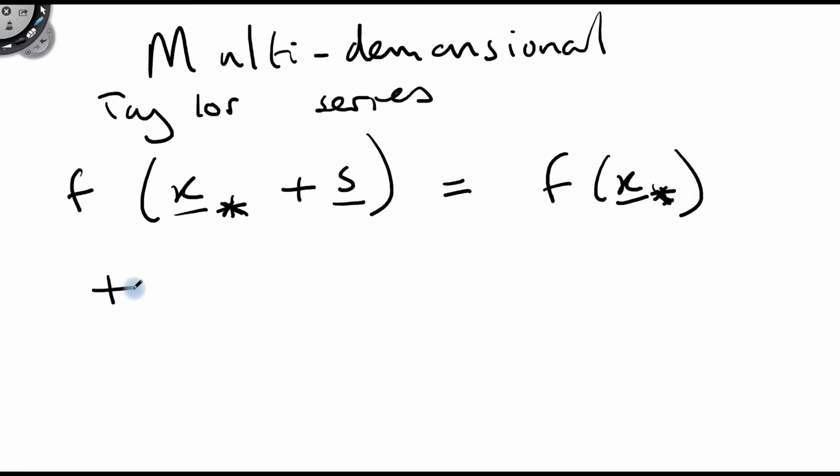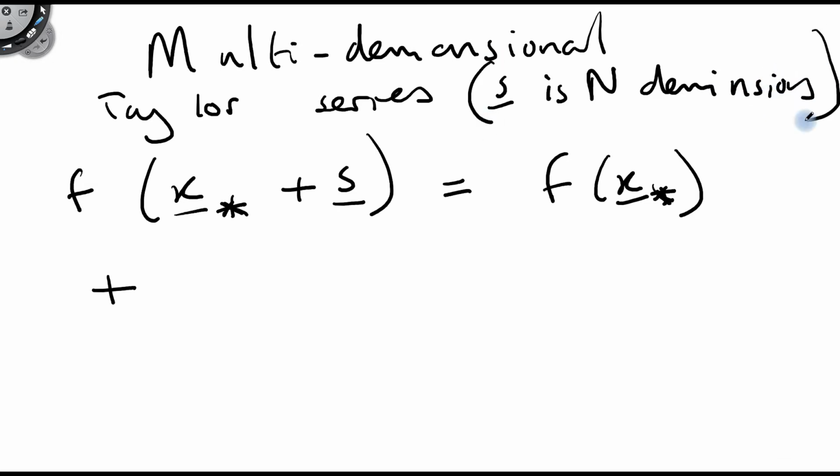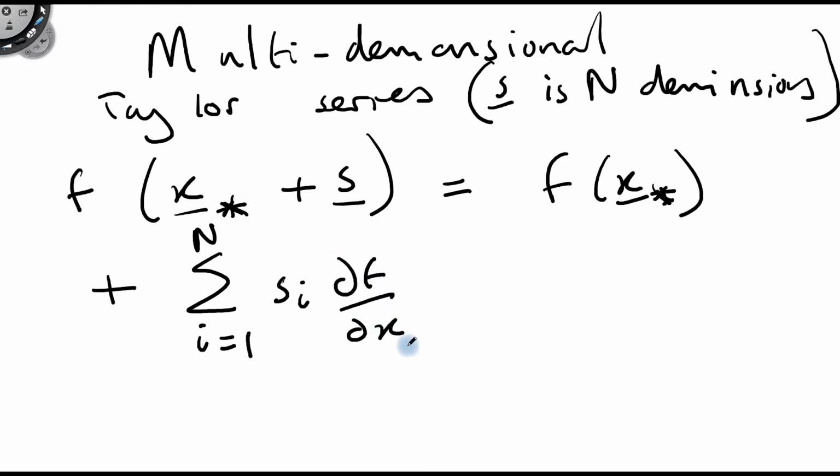Then all the bits you have in a normal Taylor series, but now they're expanded over n dimensions, s is n dimensional by the way. So we have the first derivative, so we're going to sum over s_i, where s_i are the components of s, times the first derivative evaluated at x star.